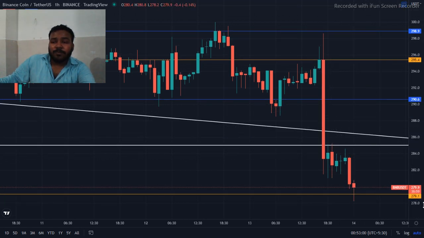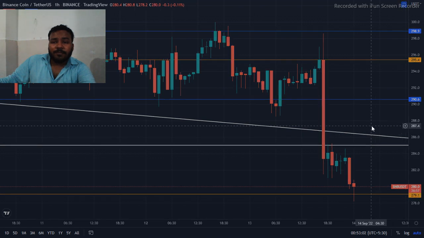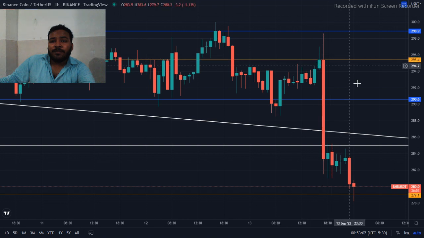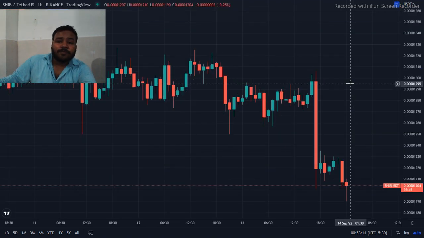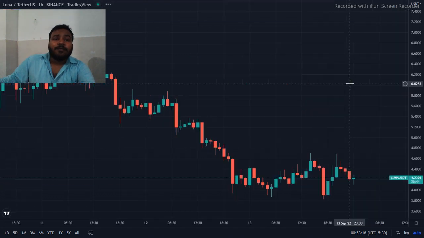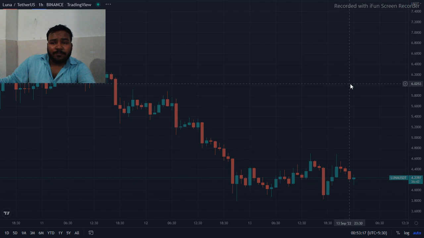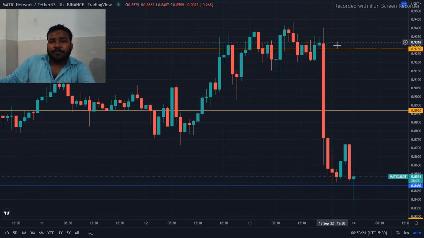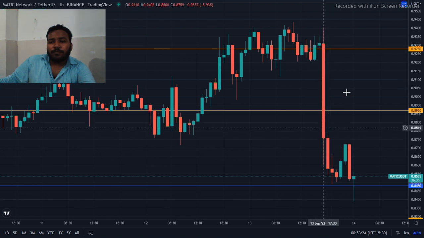Taking bounce from the support level 279.1, this is BNB. Got rejection from the resistance level of 295 so sharp. How is this possible, getting such sharp levels, and levels don't change? That is the beauty of technical analysis, and to blend it with the news is the best thing. Matic, see, couldn't sustain a rounding top and sold out.